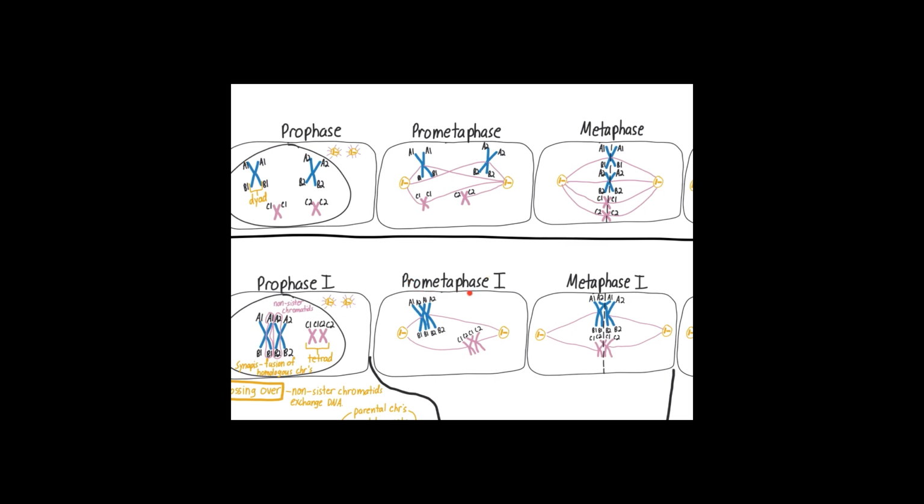Through prometaphase and metaphase 1 of meiosis, the homologous chromosomes in each tetrad are held together at their chiasmata. In fact, the formation of chiasmata seems to be important for holding the tetrad together. Of course, this doesn't happen in mitosis because there are no tetrads. Each homologous chromosome is off by itself.